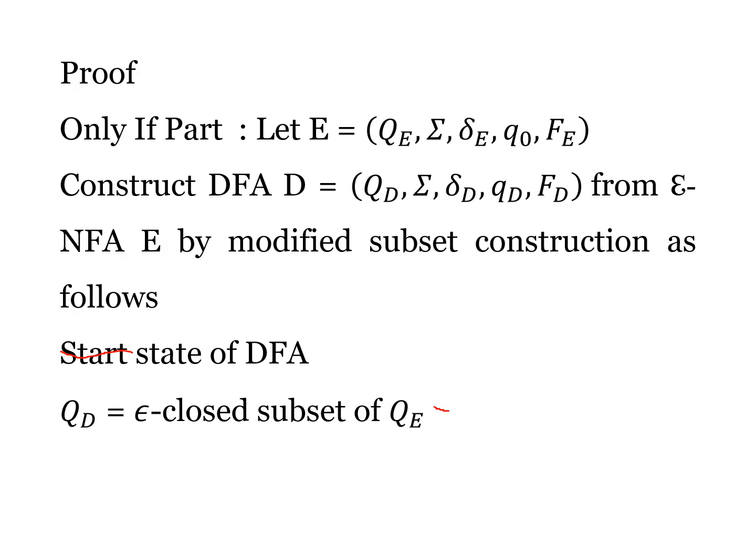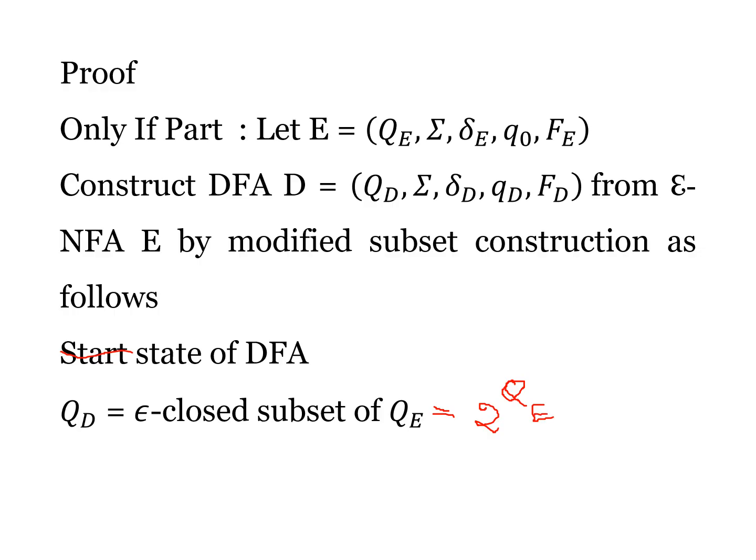That is, we can say that QD is a subset of 2 power QE. The number of states in QD is going to be much lesser than 2 power QE.